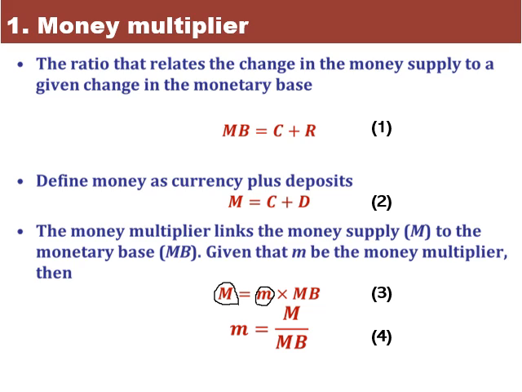This means that the money multiplier tells us how much the money supply changes when the monetary base changes, and the value of the money multiplier should be larger than 1, which means that if the monetary base increases by, say, $1, this will lead to a more than $1 increase in the money supply.